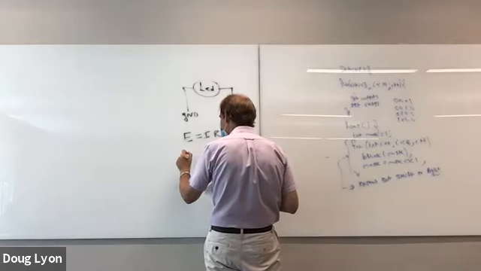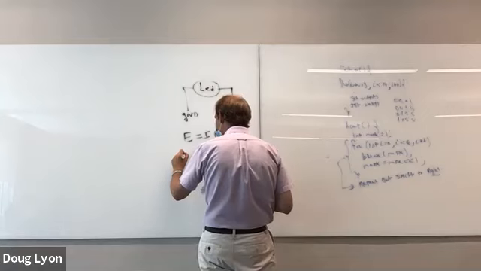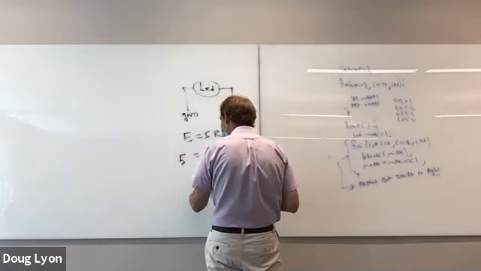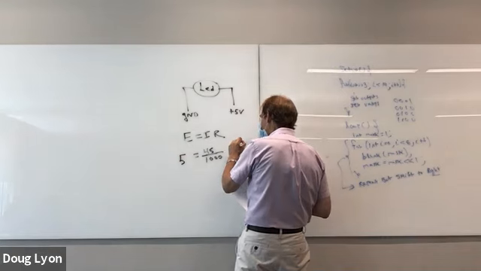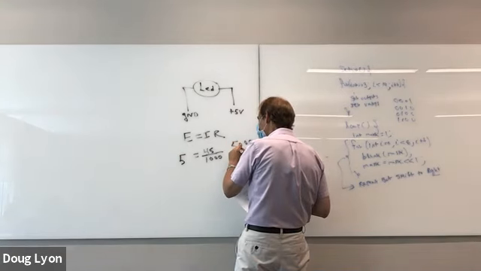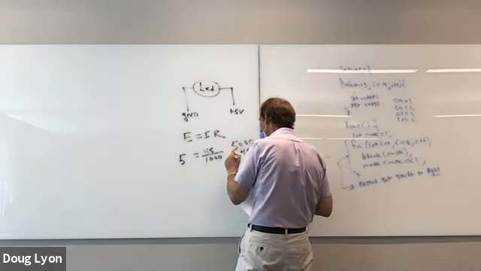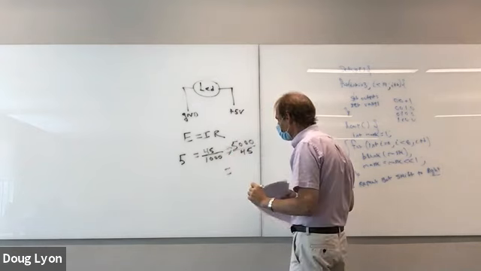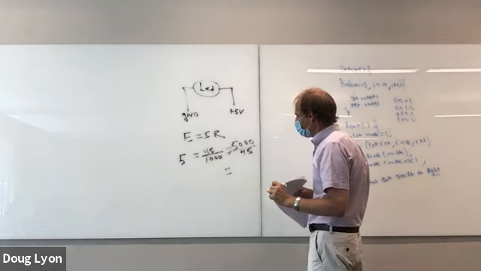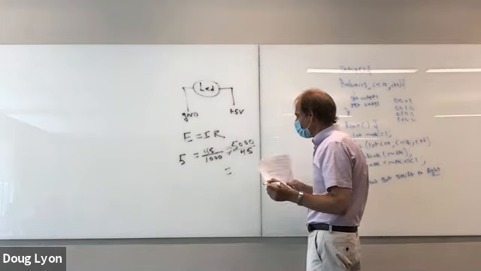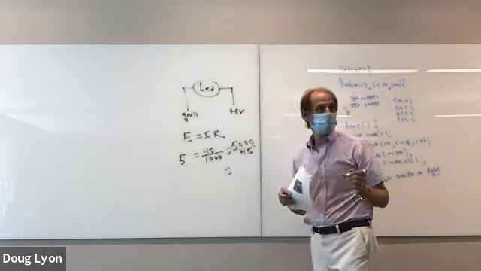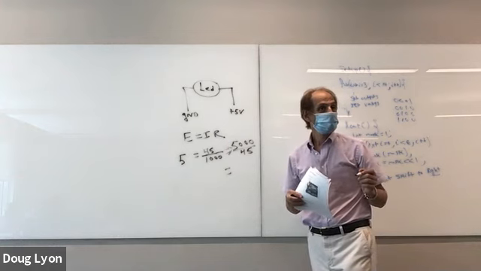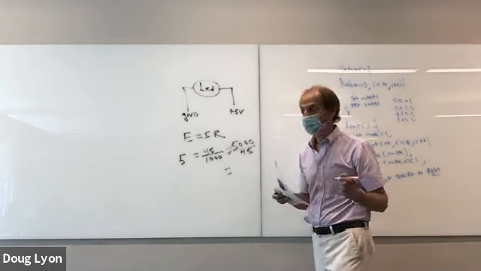You might be tempted to do 5 volts in here, and then 5,000 over 45, and that might give you a resistance. If I divided by 50 milliamps, I'd probably put in like 100 ohms. Yeah, it's like 111 ohms.